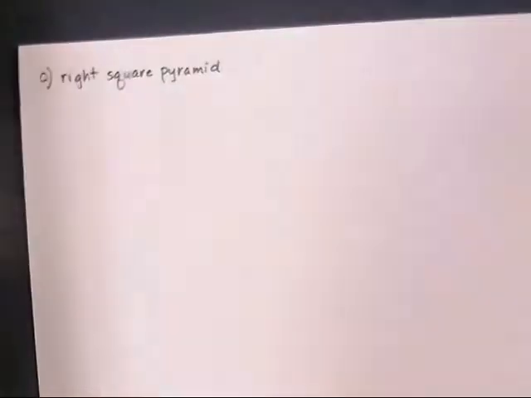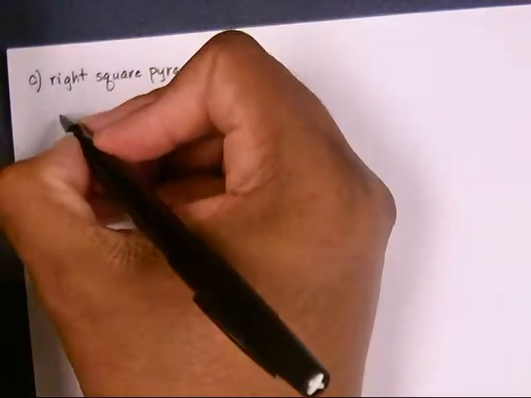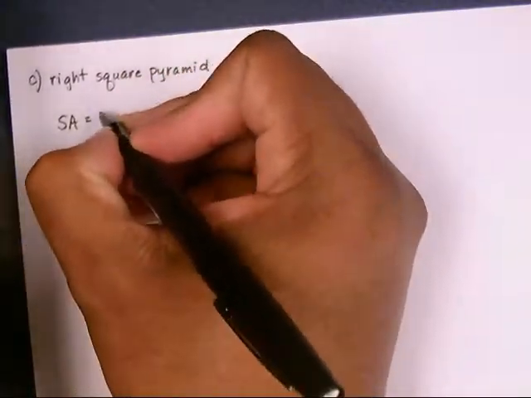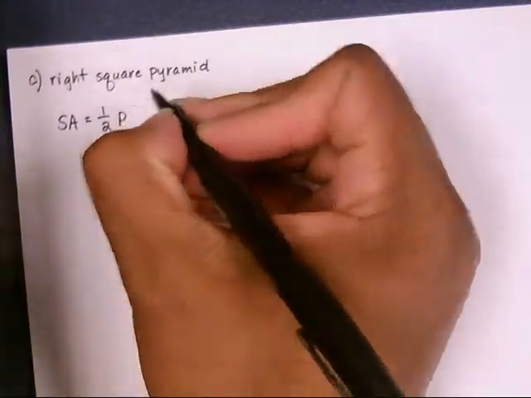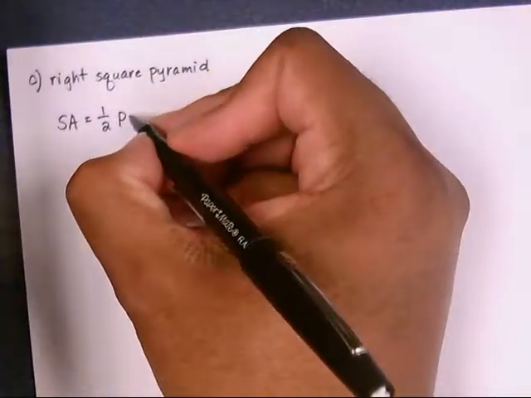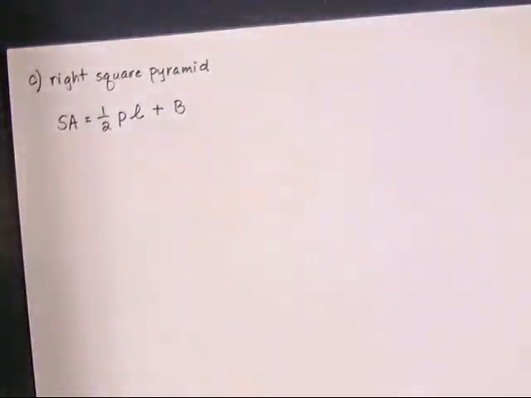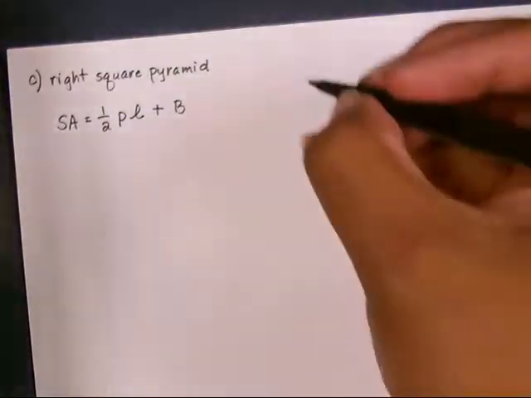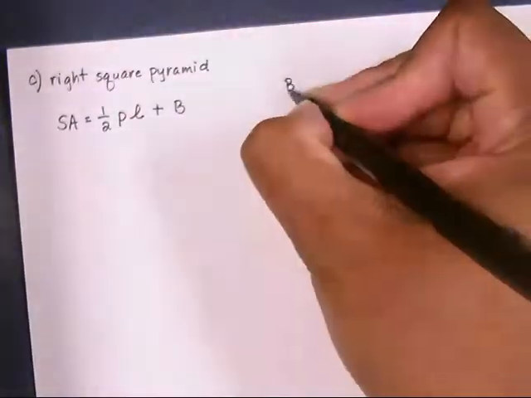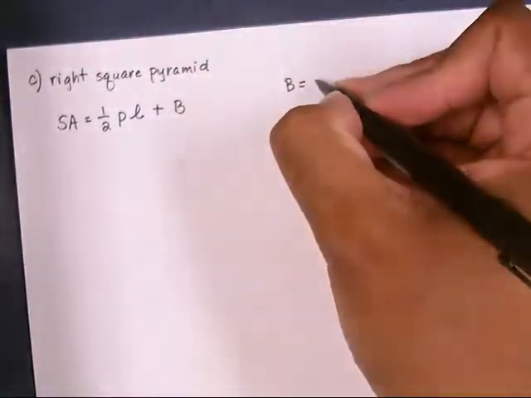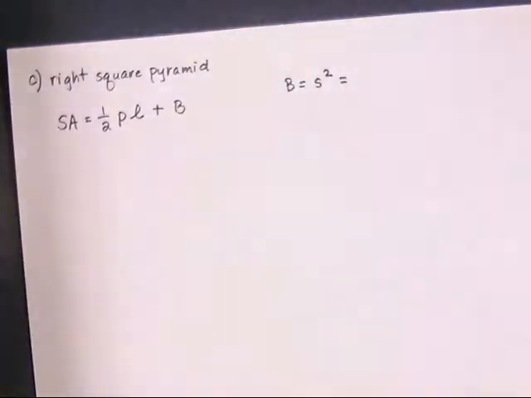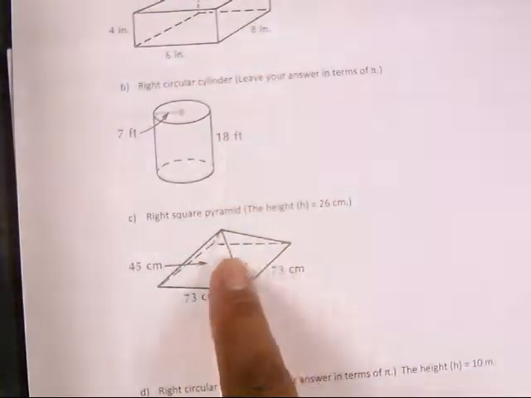Now the surface area for that is just 1/2 multiplied by the perimeter of the base times the slant height, and we add that to the area of the base. So there are two things we need to find. The area of the base of that square, that's going to be side squared because the base is a square.